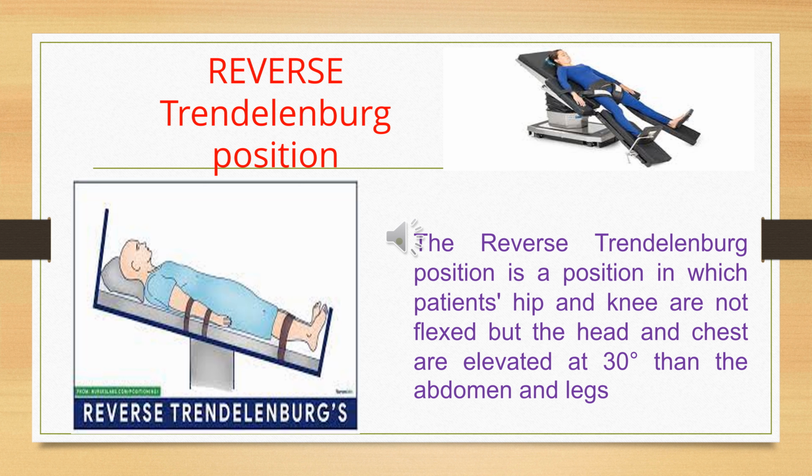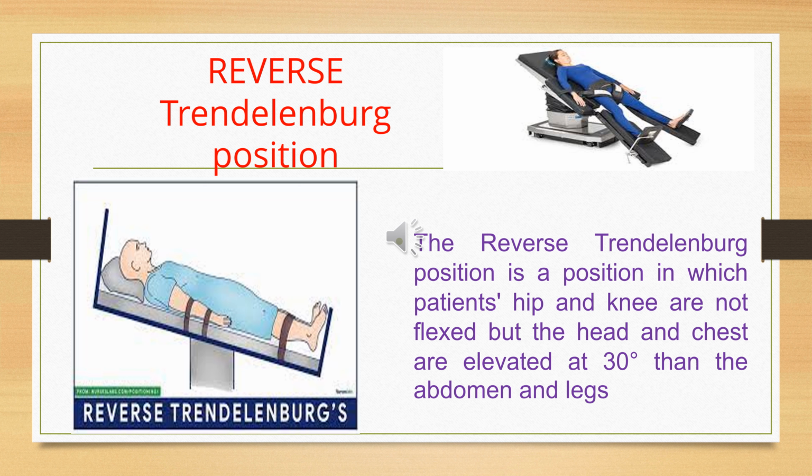Next type of position is reverse Trendelenburg's position. As the name indicates, this position is opposite of Trendelenburg's position. In the reverse Trendelenburg position, the patient's hips and knees are not flexed, but the head and chest are elevated at 30 degrees above the abdomen and legs.